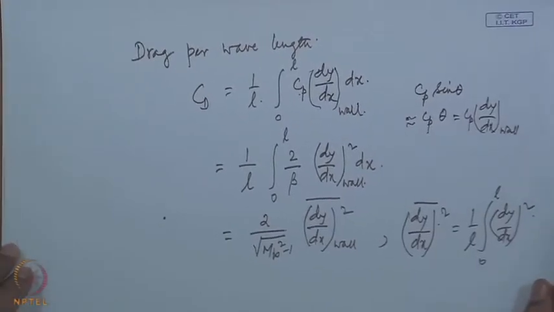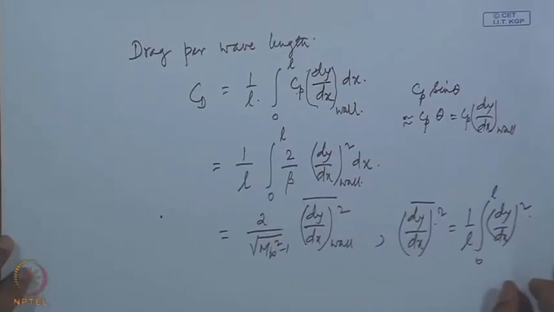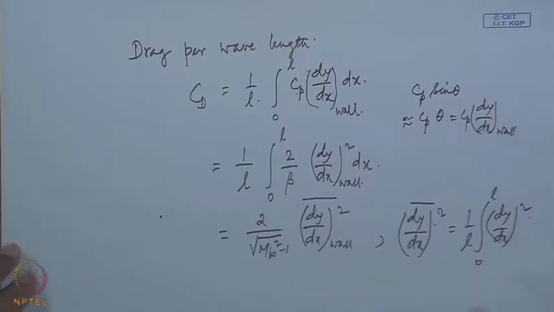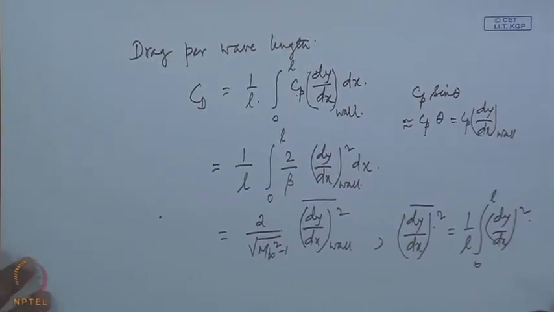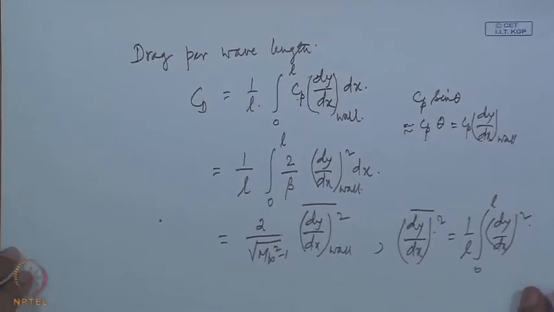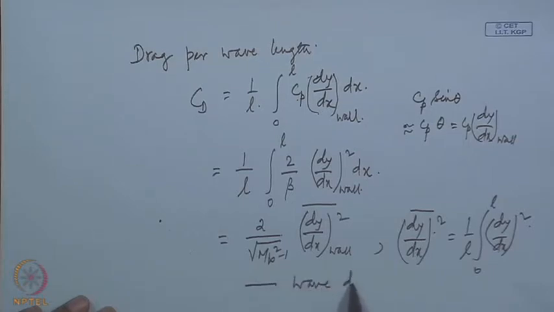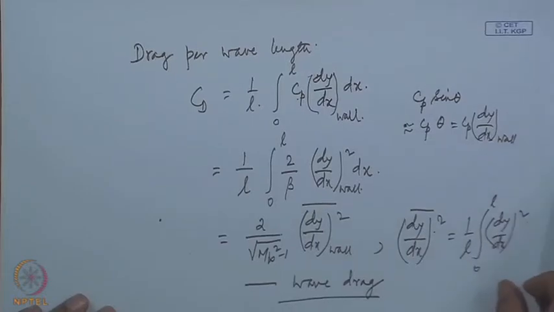So, once again we have seen that there is a drag in inviscid two dimensional supersonic flow, which is called the wave drag, because of the wave nature of the solution of supersonic flow.